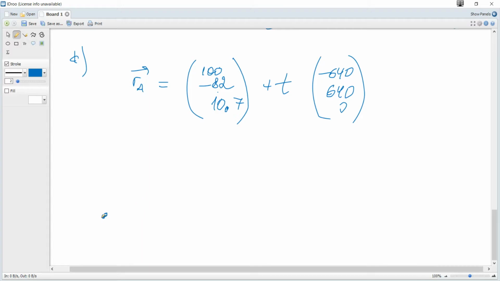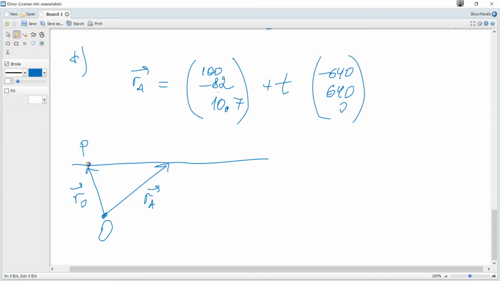So there is the origin somewhere, and the position vector at any moment of time. r_A is given as the position vector of the initial or starting point, which is P, plus the velocity vector multiplied by some scalar constant, which is t, and hence we can get any point on the line of travel.